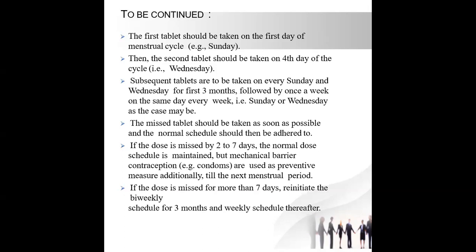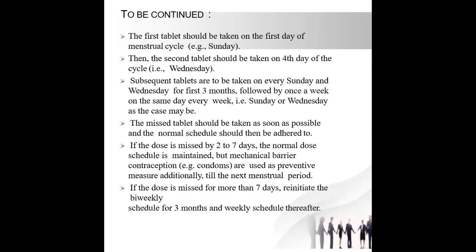For example, if that is a Sunday, then the second tablet should be taken on the 4th day of the cycle, which is Wednesday. Subsequently, 2 tablets are to be taken every Sunday and Wednesday for the first 3 months, followed by once a week on the same day every week, that is Sunday or Wednesday, as the case may be.